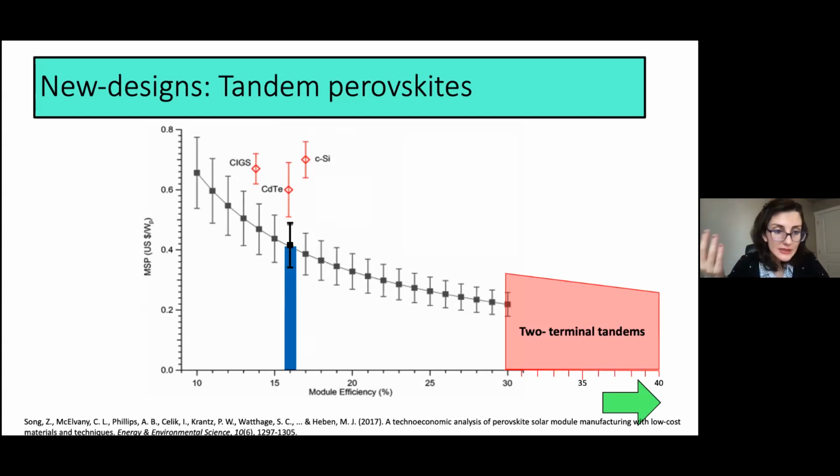So industry really likes this idea. And actually that's the reason at this point we have only one company, Oxford PV from Europe, that started with perovskite technology on top of their silicon technology. They think it makes more sense from an environmental and economic perspective to start with this technology.